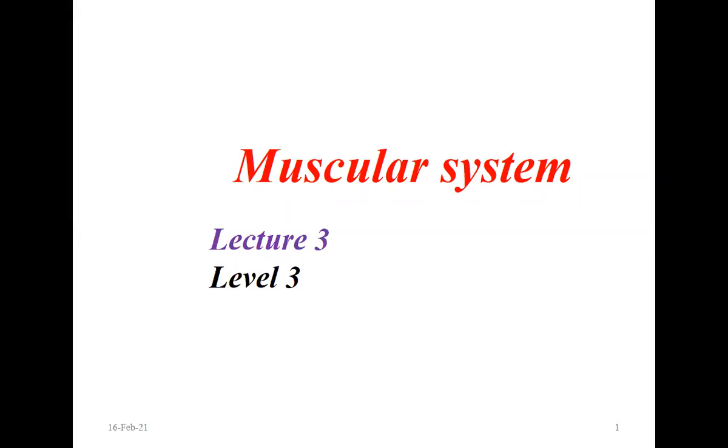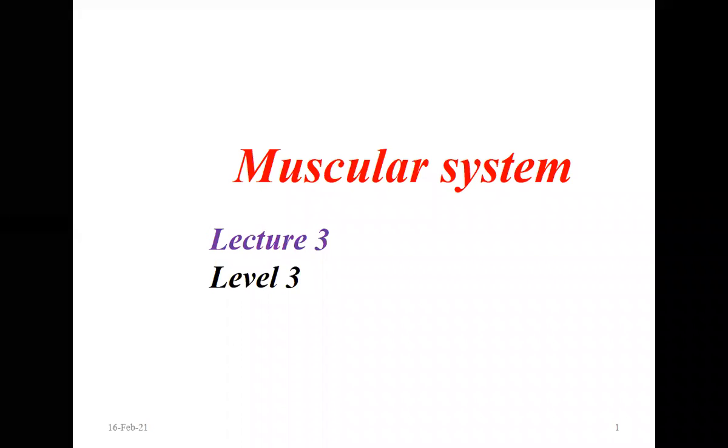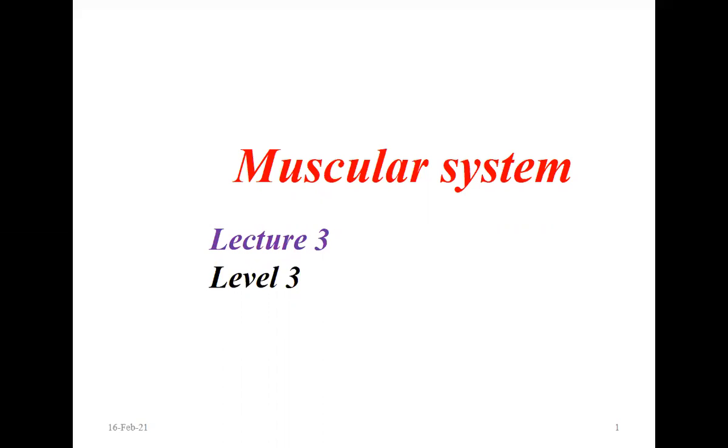In the next class we discuss, in two sessions, the skeletal system, the appendicular as well as the axial skeleton, in two lectures. Then in the third part, that is the fourth lecture, we discuss the joints. And today we'll take up one more important topic, that is the muscular system.